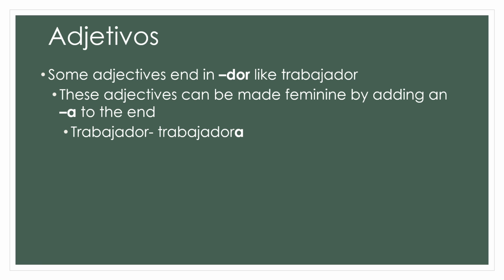Notice it comes from the verb trabajar. We had trabajar last unit, which is to work. Trabajador is hardworking. The adjectives that end in dor can be made feminine simply by adding an A to the end of it. So trabajador is your masculine form. Trabajadora is your feminine form.